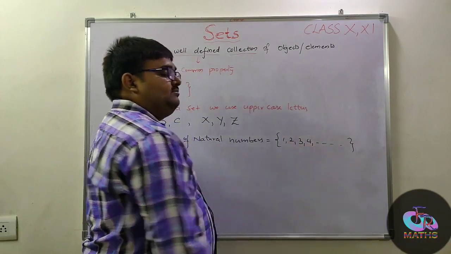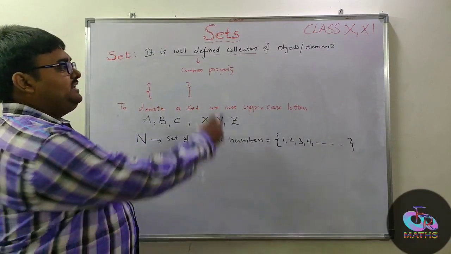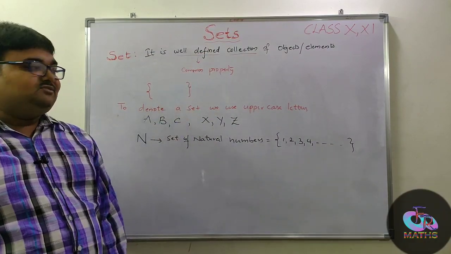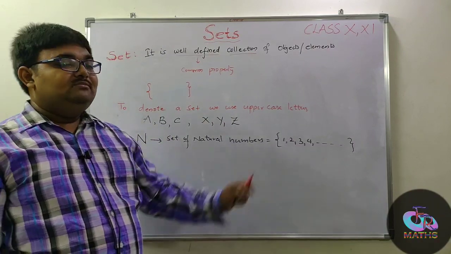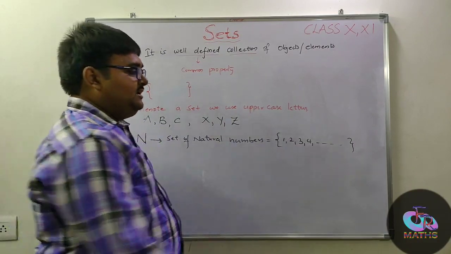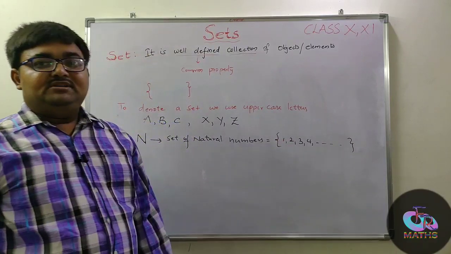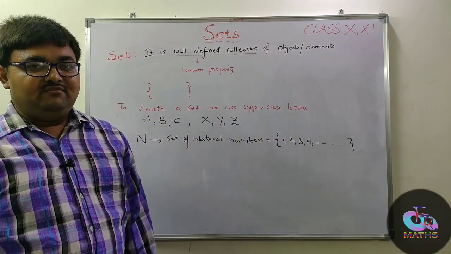Here natural numbers follow a common property. We have already discussed common property. What is the common property of these natural numbers? Natural numbers follow the property that every two consecutive numbers have a difference of 1.